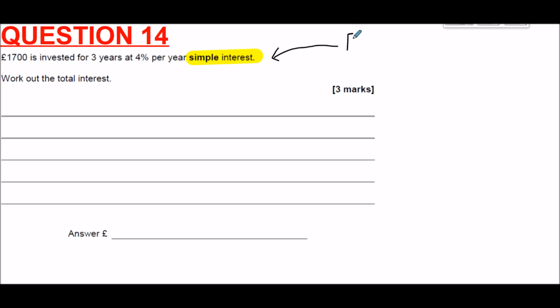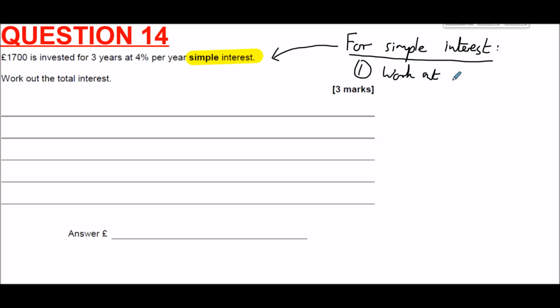So for simple interest, here's what we do. What we do first is work out the interest for 1 year.